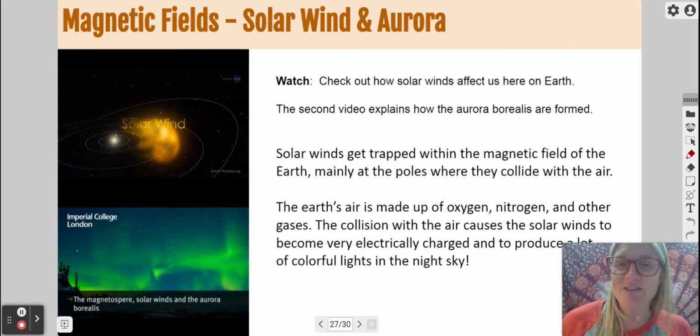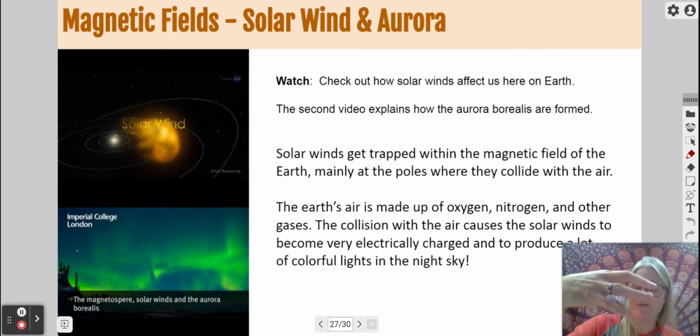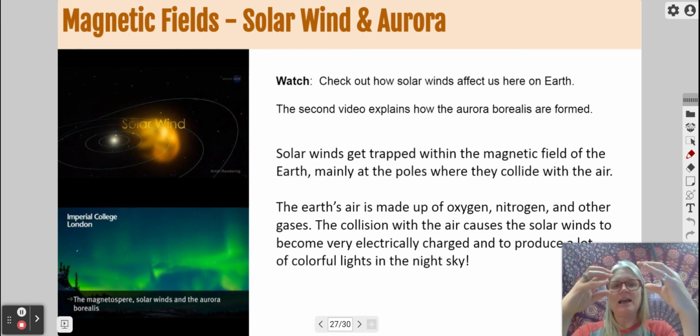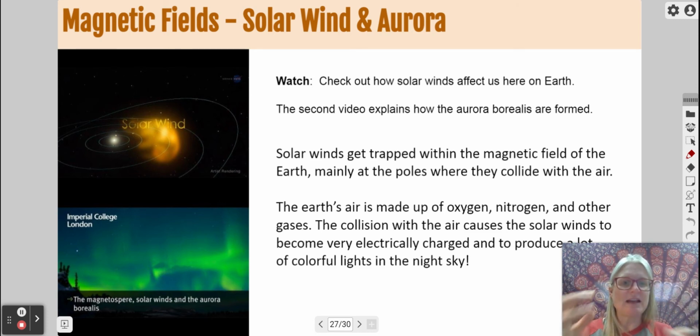Another little anomaly is created by our magnetic field. Our magnetic field on Earth helps protect from the solar winds. But when solar winds come in from the sun, they can get trapped or manipulate our magnetic field. Where they do, they collide with the air and create high-energy collisions with different gases, and these gases can get ignited or electrically charged.